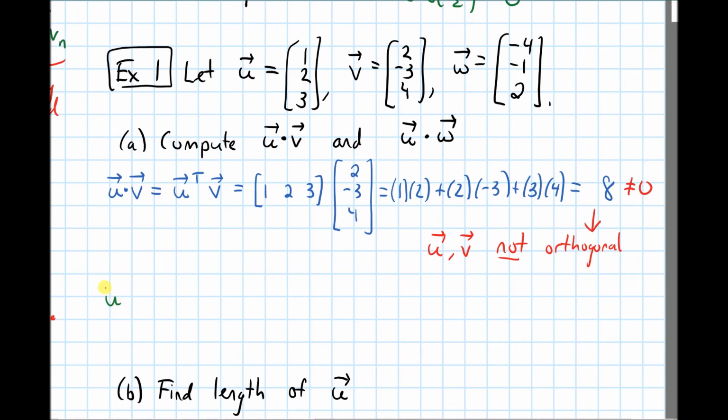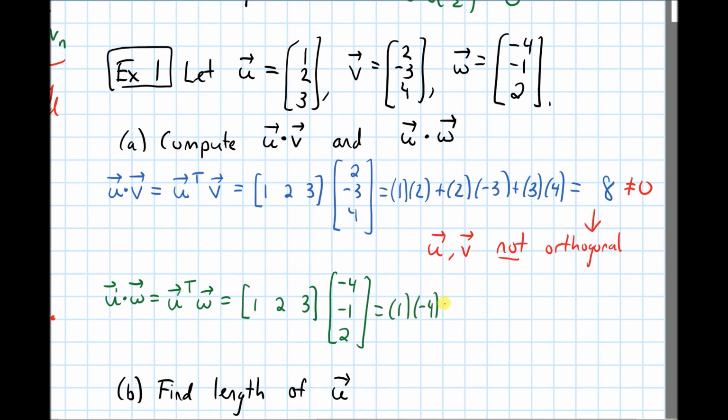Okay, so now let's do the dot product of the other two vectors. Let's do u dotted with w. That'll give me u transpose times w. So u transpose again is the same as before, 1, 2, 3, written as a row. W is negative 4, negative 1, 2. And multiplying these, we'll get 1 times negative 4 plus 2 times negative 1 plus 3 times 2.